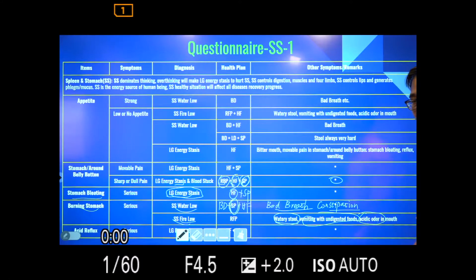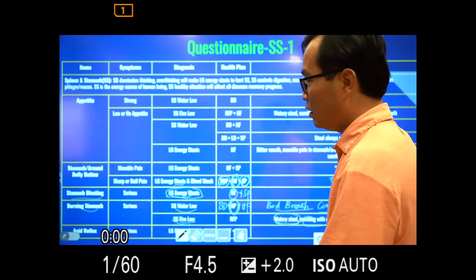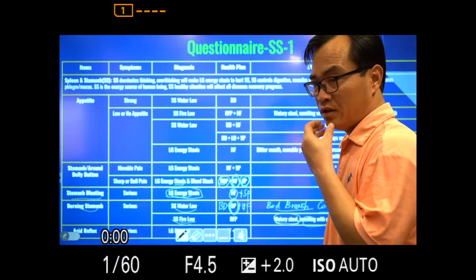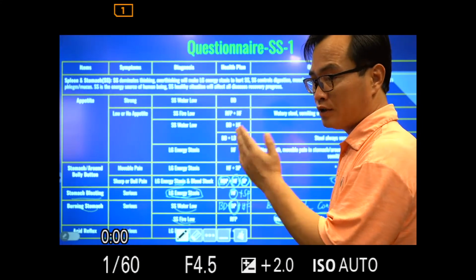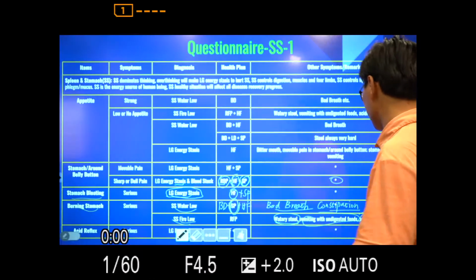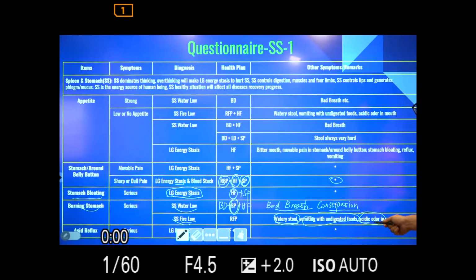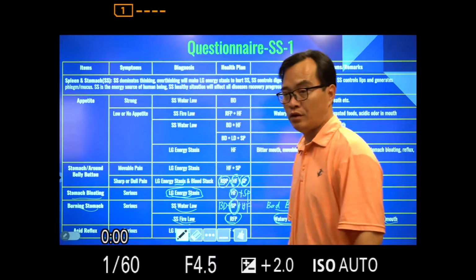As we explained before, when people have hiccups, they can smell the undigested food smell by themselves. But this kind of smell, if the people is not so close to you, you cannot smell it. So this is the acidic odor we mentioned in our questionnaires. And with this, if it is from SS fire low, the key product we should use is Unified Field to improve that.